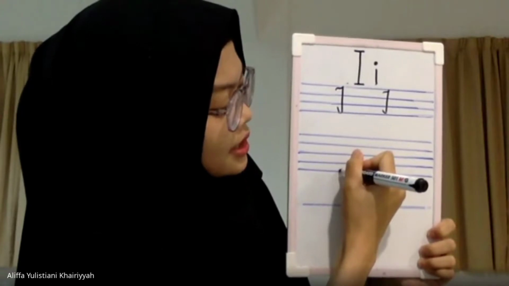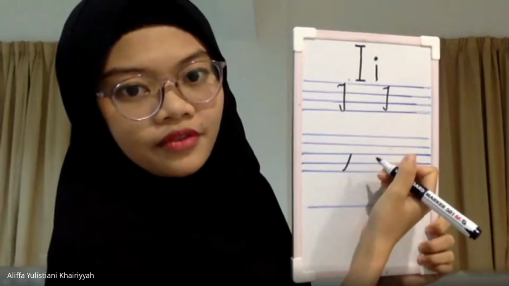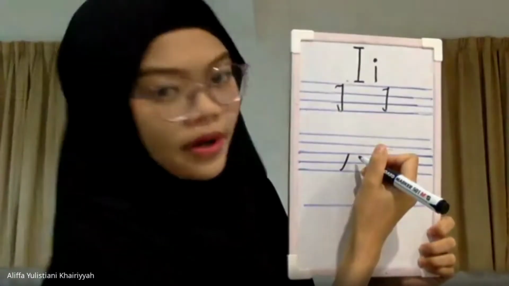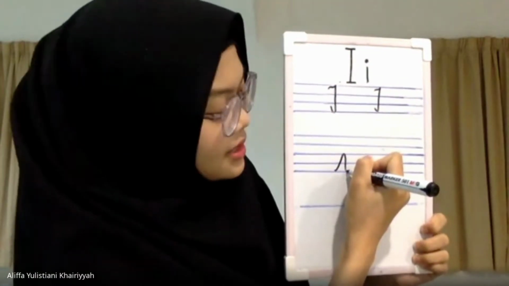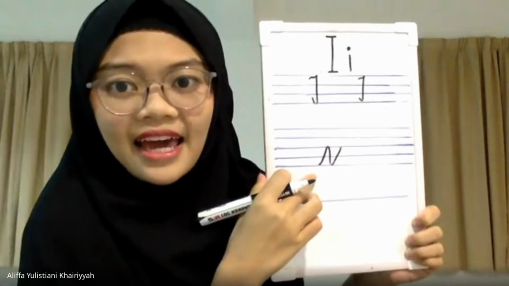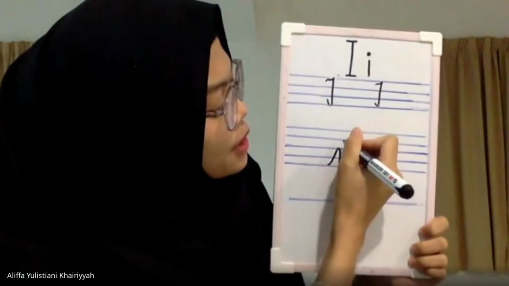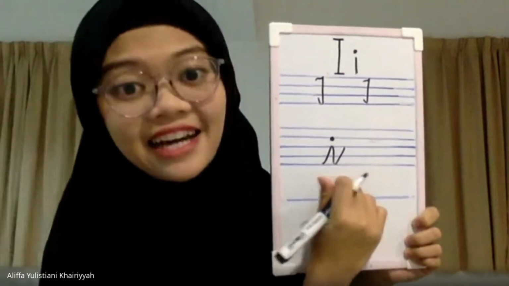Okay. The first one. 1. Okay. You are doing well. And then straight line like this. Like this. What is this? This looks like N. True, but we will put the dots here. This is I with a small letter.